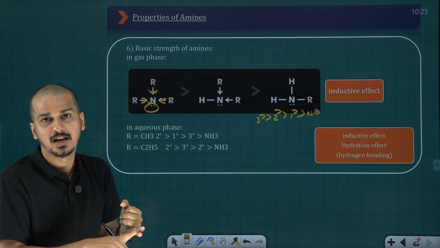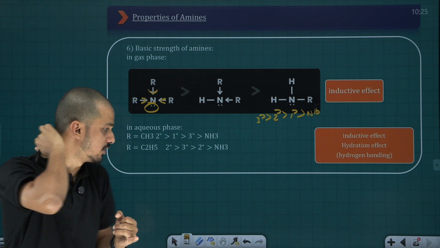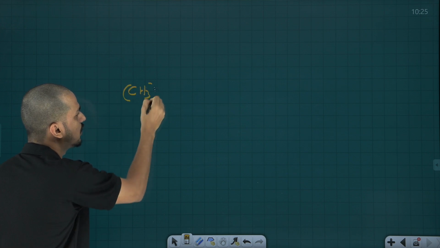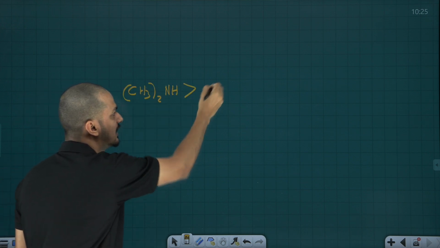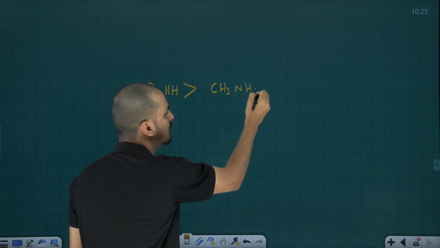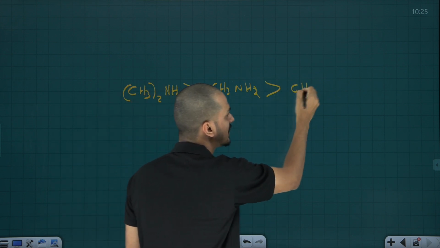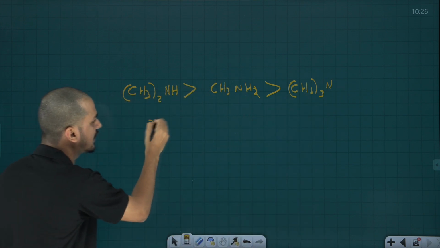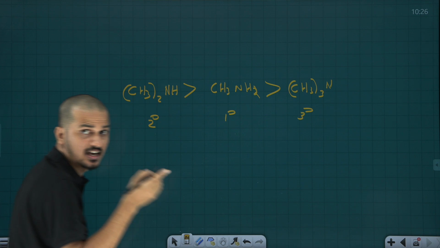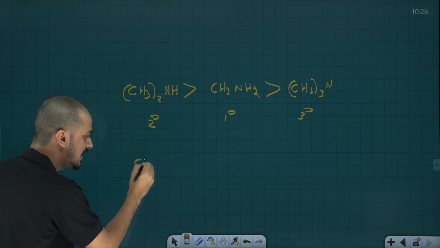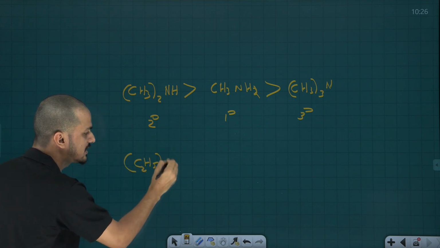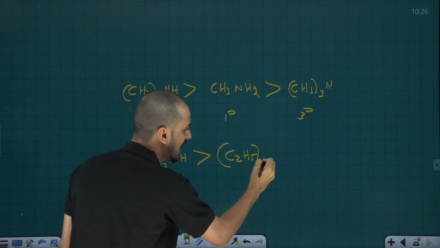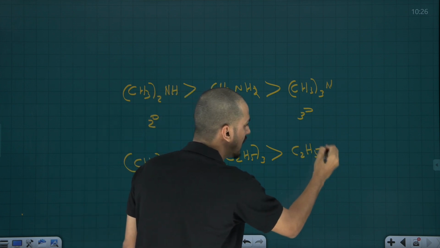But once it comes to the liquid state, in the case of methyl substituted, (CH3)2NH, secondary, is more basic than CH3NH2, primary, than tertiary (CH3)3N. And in the case of ethyl substituted, (C2H5)2NH, secondary, is more basic than tertiary (C2H5)3N, than C2H5NH2.